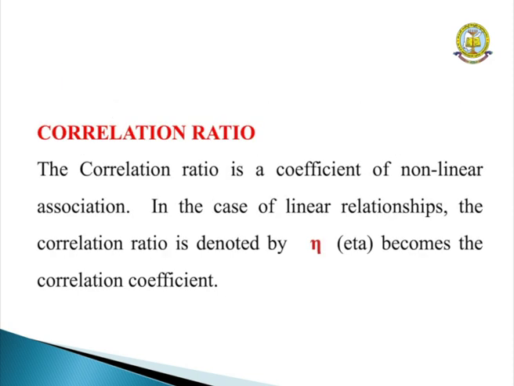So what is the correlation ratio actually? The correlation ratio is a coefficient of non-linear association. In the case of a linear relationship, the correlation ratio, denoted by eta, becomes the correlation coefficient.